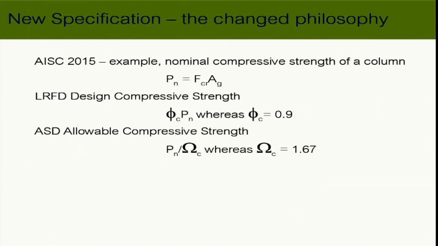And, all right, for example, if you look in the specification now, you see that they will give you one set of equations. And the subscript n is always there to tell you that this is the nominal strength or the calculated strength.